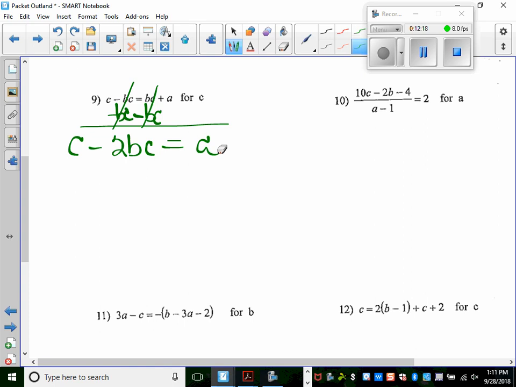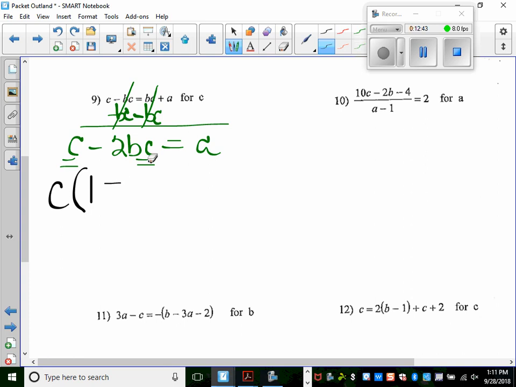All right. So I just need to get everything that had C's in them to one side, because this is what you would have to do. Then you have to factor out the C. What do these two terms have in common? They have a C in common. So I'm going to divide by that common factor. C goes into C one time.